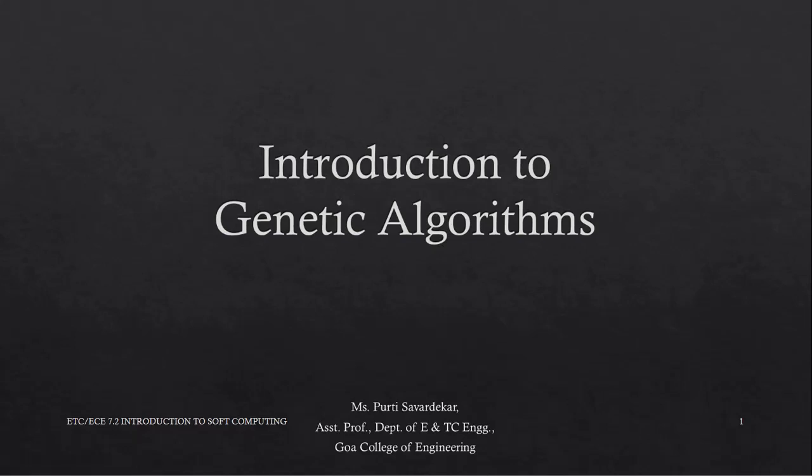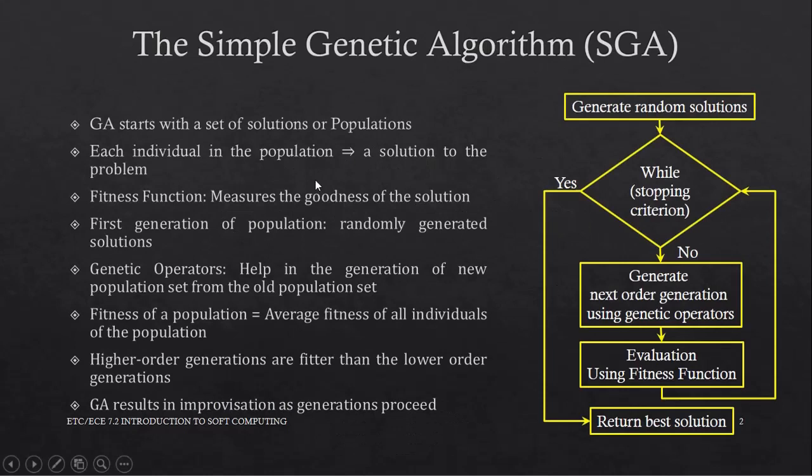We talked a lot about the concept of genetic algorithms when we discussed its biological counterpart. When we compare the biological systems with the systems of the genetic algorithm, or as we say, simple genetic algorithm, we find that many of the concepts are the same. The genetic algorithm starts with a set of solutions or populations.